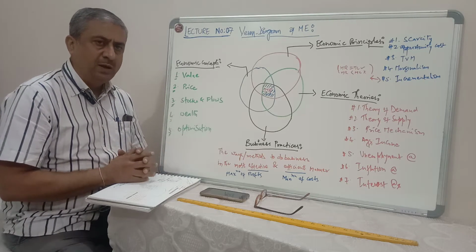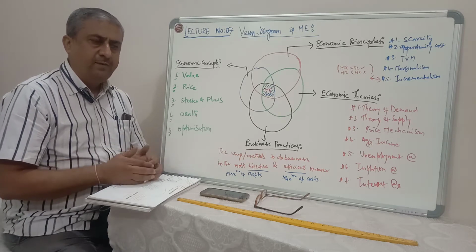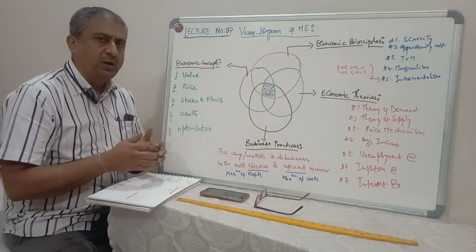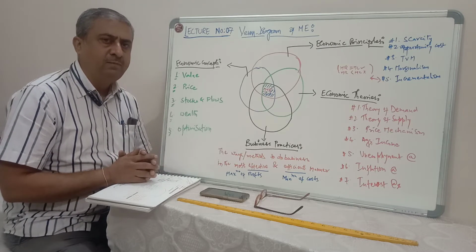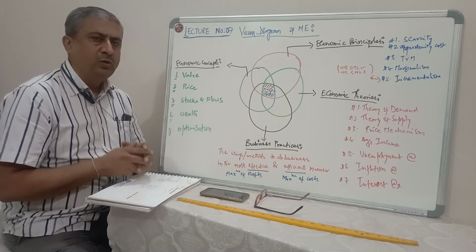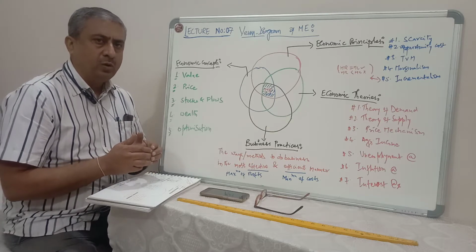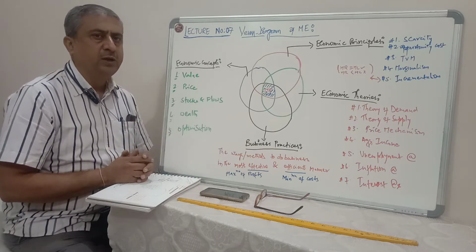If you're thinking of manufacturing more than 100 cars, definitely you're going to have more than 100 cars in the same production line, in the same time frame. But in doing so, you are going to incur costs, which are going to go up marginally.